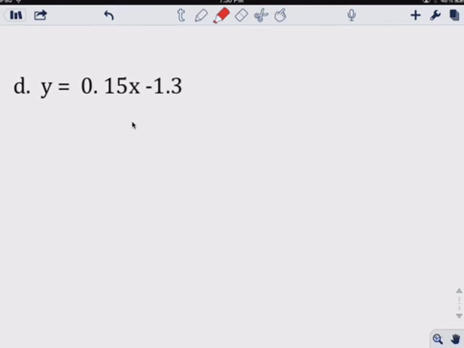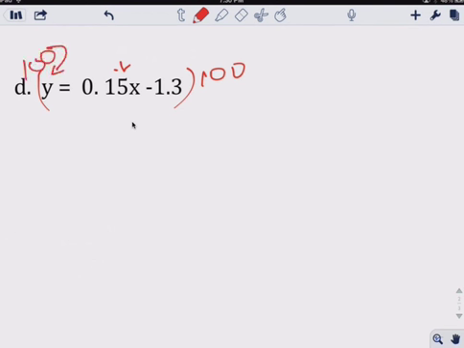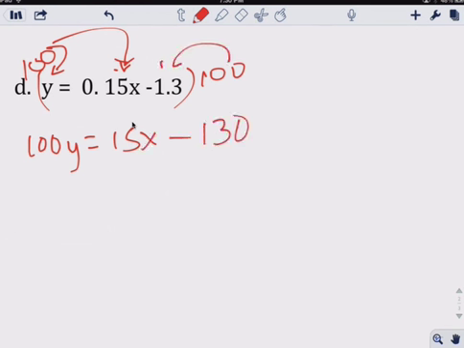Alright, we need to get rid of decimal. The smallest place value is the 100th place. So we multiply all of them by 100. So 100y equals 15x negative 130. In doubt, use a calculator.